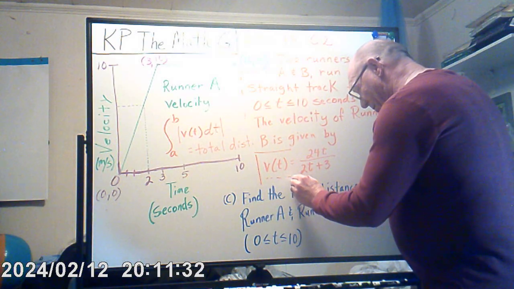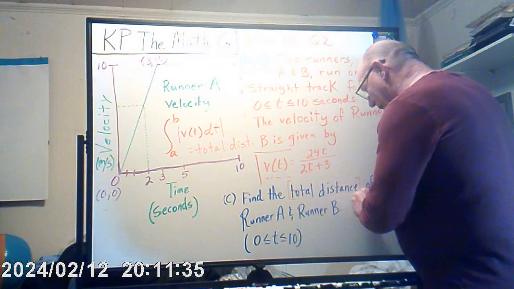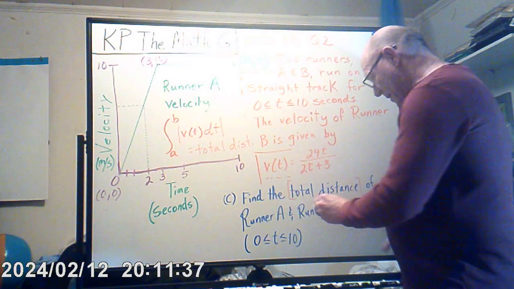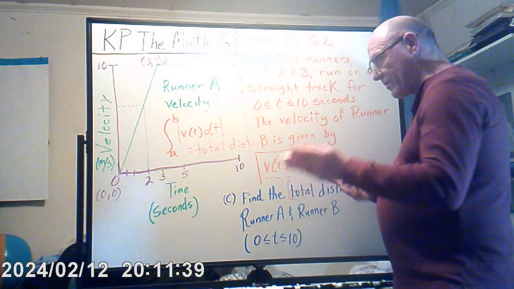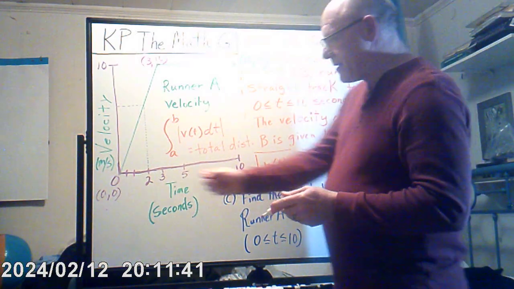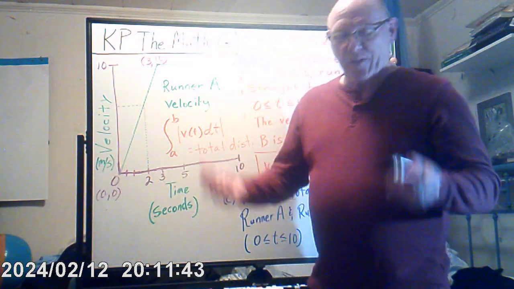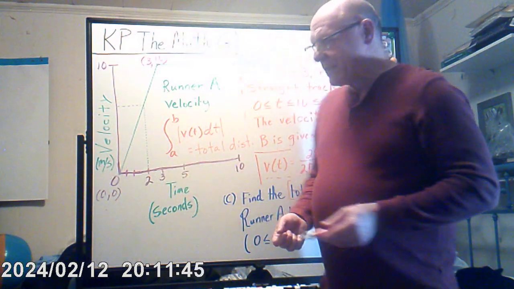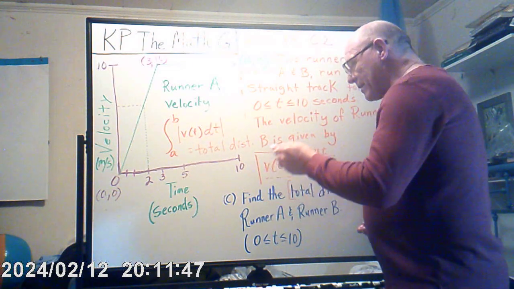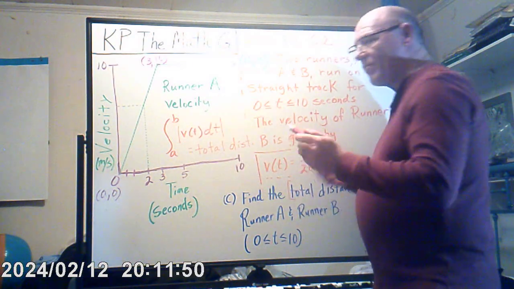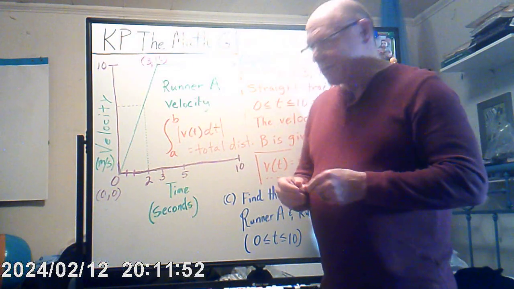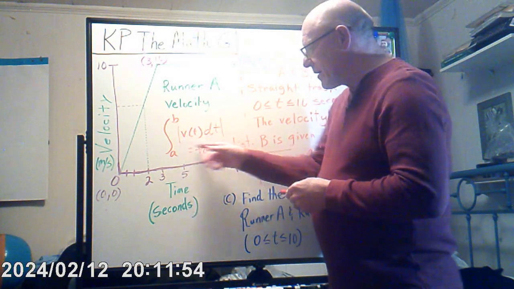And remember, I always said that when you have a rate and you want distance, in this case meters, or feet, or miles, then you're going to take an antiderivative every single time. So keep that in mind.